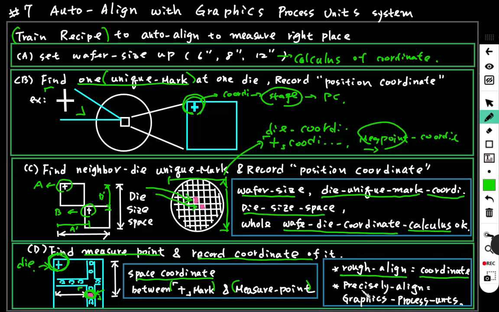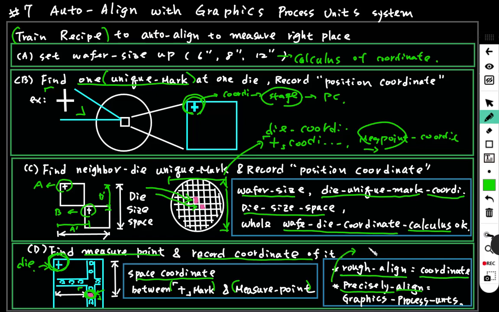But most important is we are going to do the precise align again by the graphics process units.